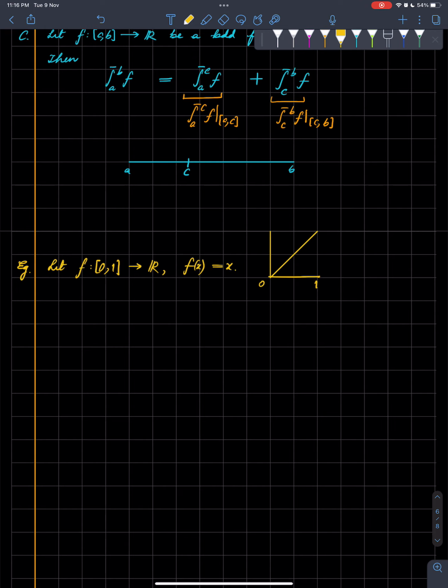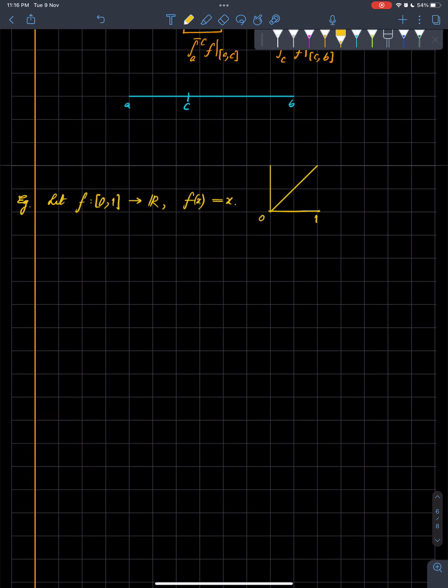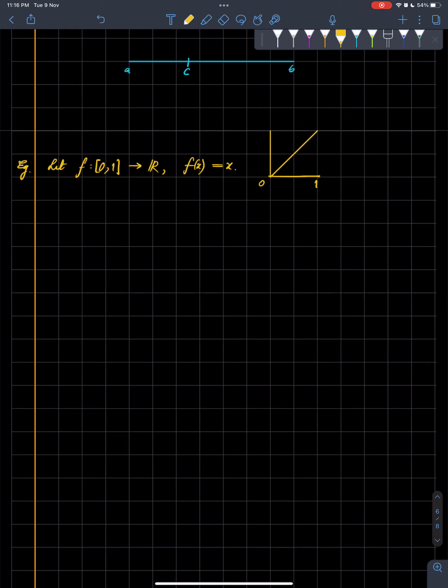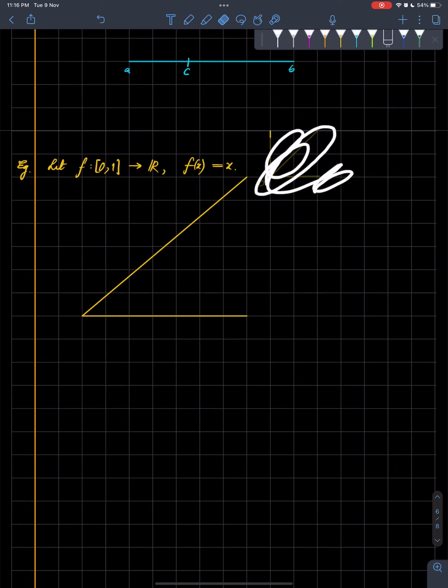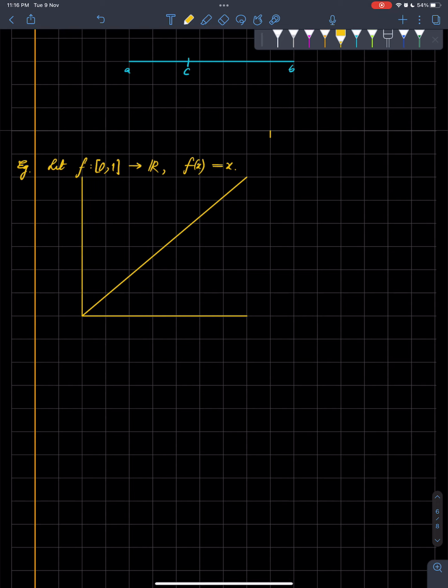So then we want to compute the upper integral. Fine. Is it a 45 degree line? No, it's not a 45 degree line.